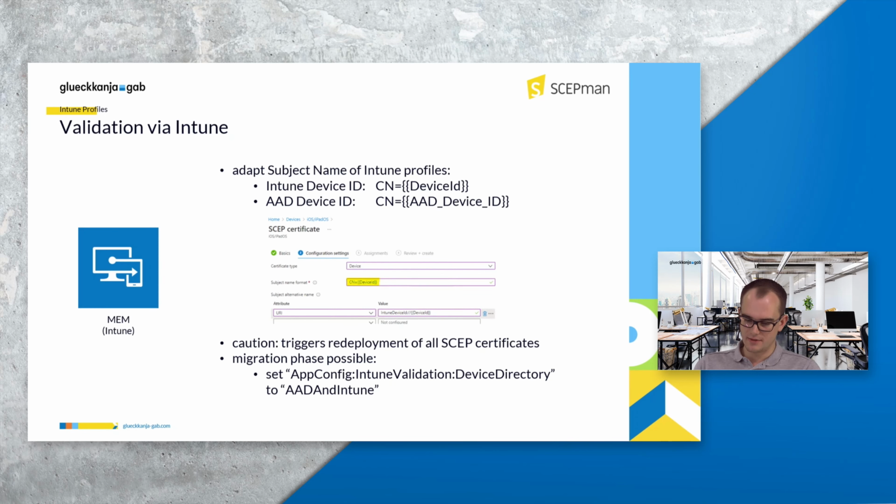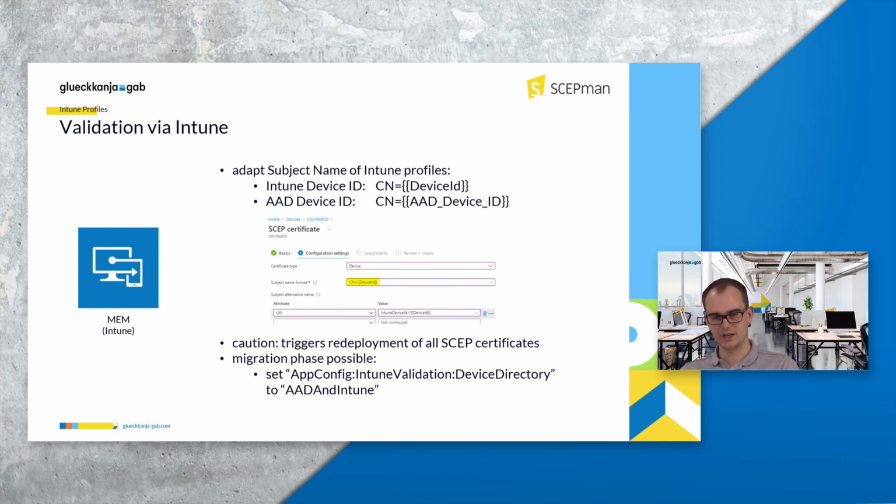Important to say is that you need to be careful here. If you change that on an existing deployment, then you will reissue all certificates to all clients. And in addition, we have also added the setting Azure AD and Intune for the migration phase.